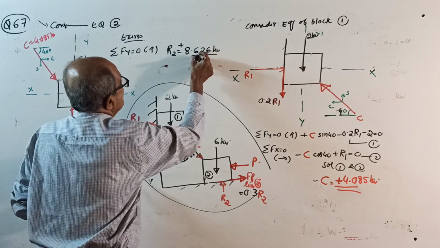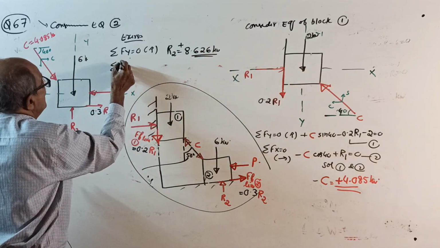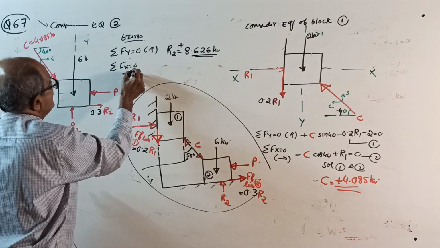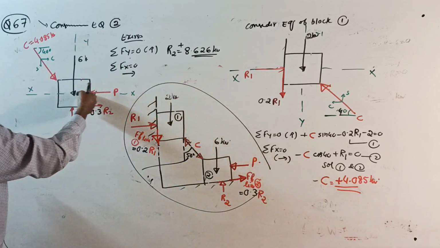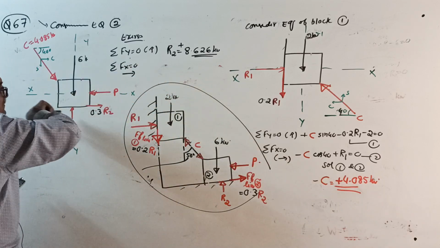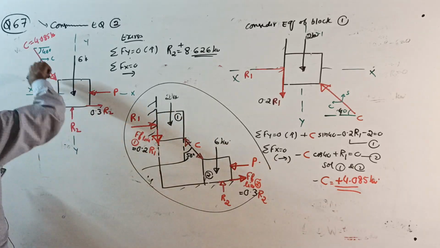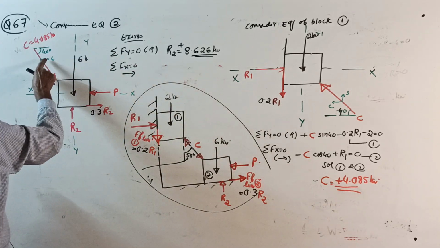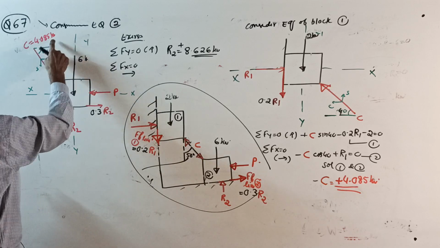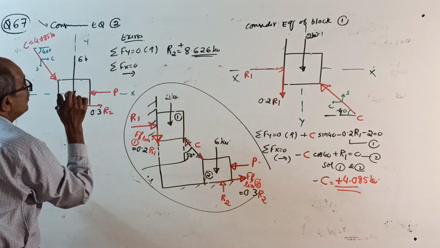Get the answer. Sigma Fx = 0, exercise for you. Take right side positive: minus P plus 0.3 R2 plus 4.085 cos 40 equal to 0.